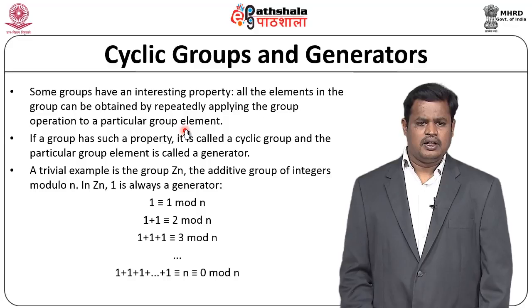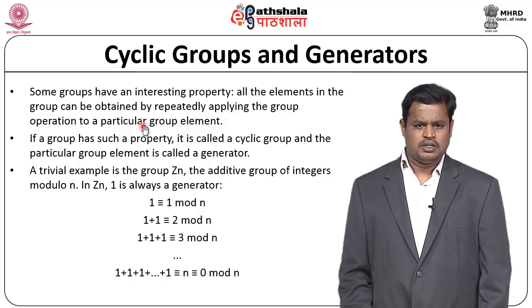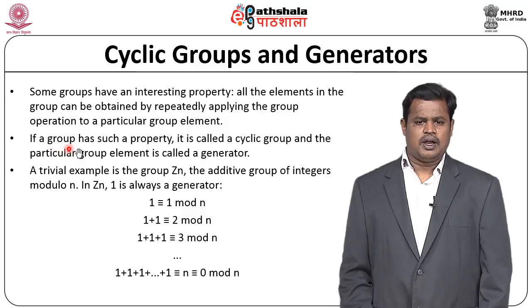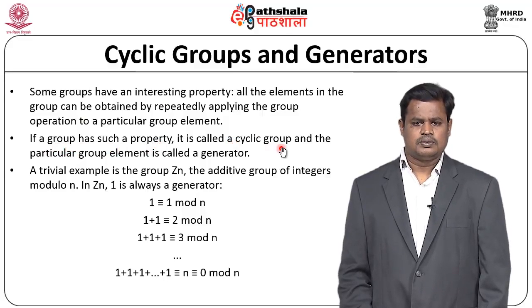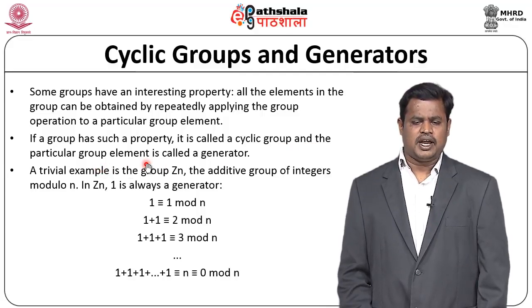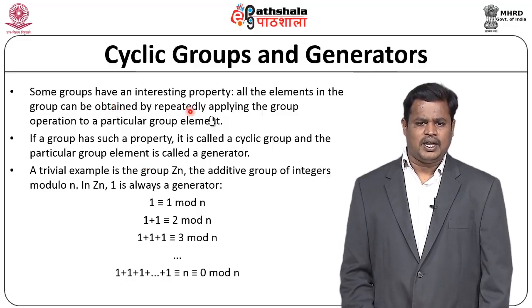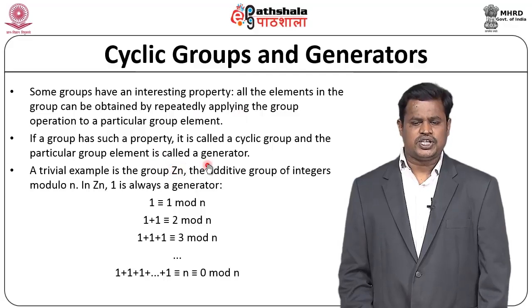When I choose one element and apply the group operation repeatedly, and it can generate all the elements in the group, then if a group has such a property, it is called a cyclic group, and the element in the group which can generate all the elements by repeatedly applying the group operation is called a generator.